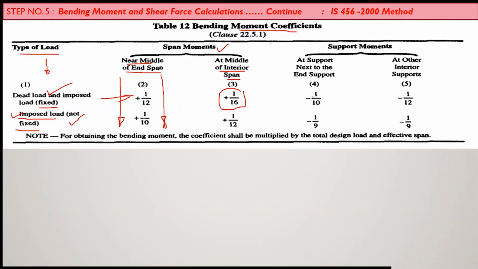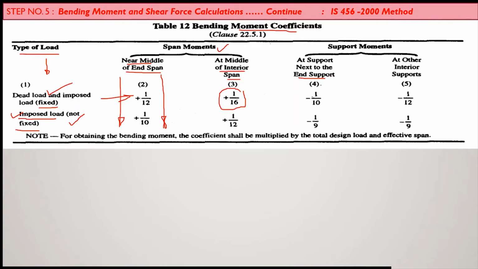When we are calculating support moment, as already discussed, support moments are negative bending moments, so you will find negative coefficients here at support next to end support. Now this table is not giving any moment coefficient value for end support. Next to end support means support number 2 from any end.